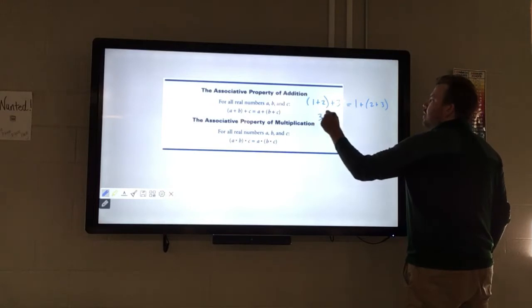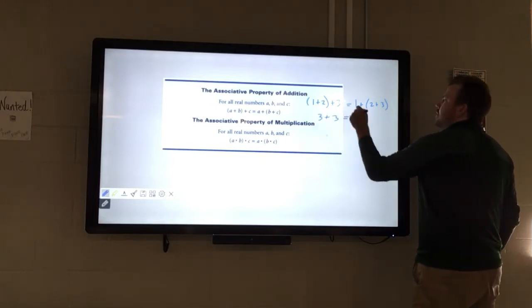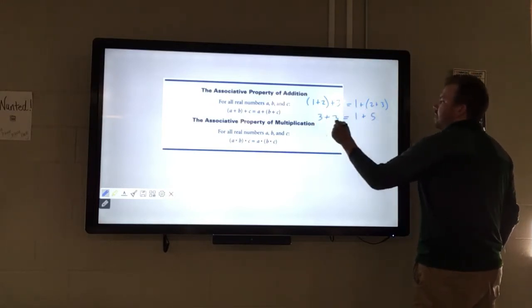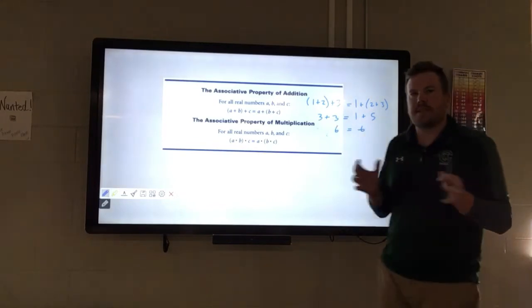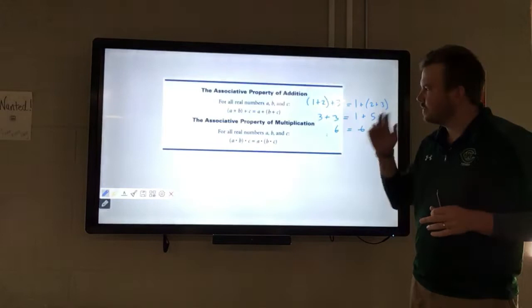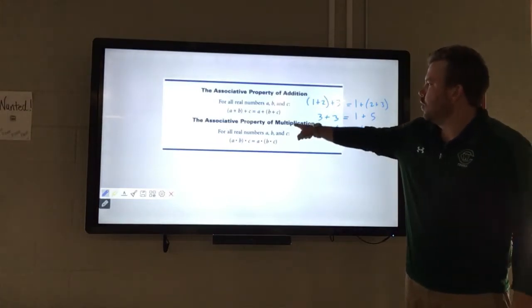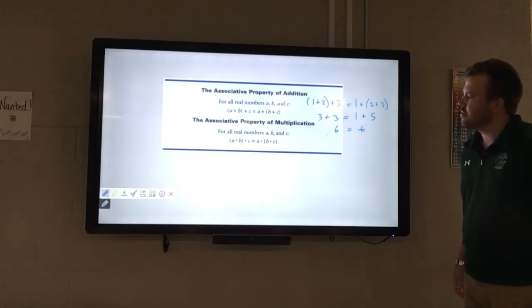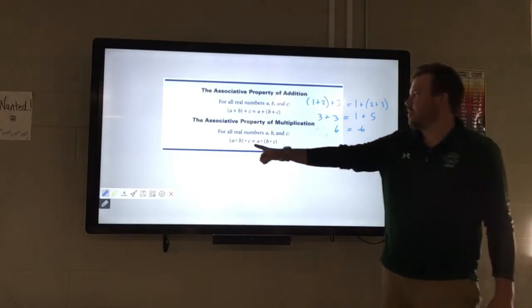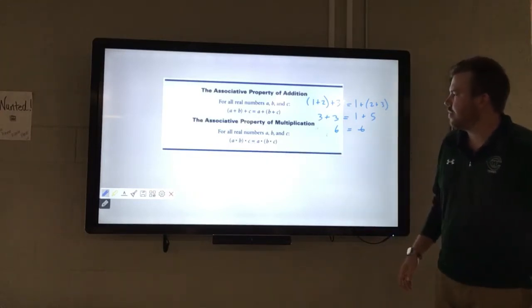Here we'll get 3 plus 3 using our order of operations. Here we get 1 plus 5, and again, those end up equaling the same thing. So it helps us group things differently. It also holds true for multiplication. We can group up our multiplication a tad differently as well.